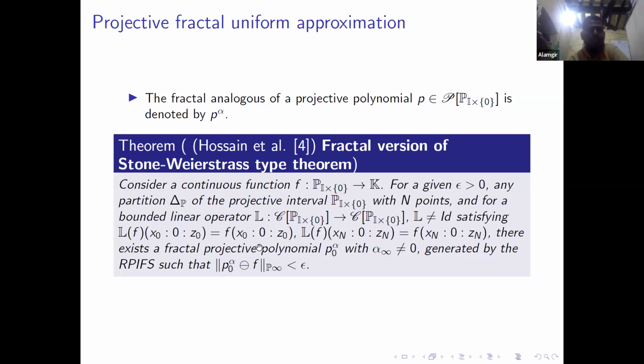Under that condition, there exists a fractal projective polynomial P_alpha, with the sup norm of P_n not equal to 0. And then we can approximate the function f by that projective fractal polynomial. So we can say that the function can be approximated uniformly by the fractal version of the projective polynomial.